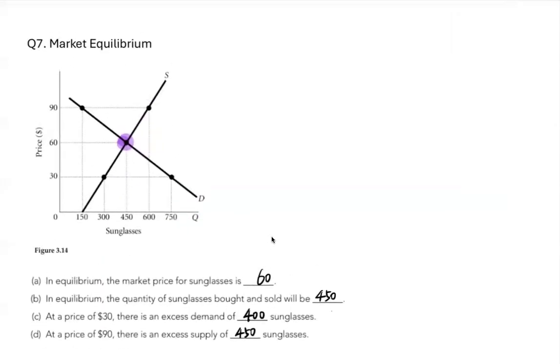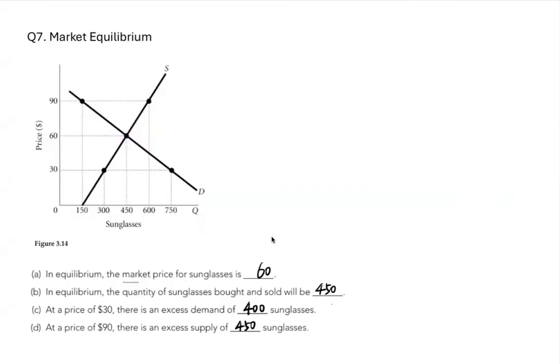And for question 7, it's the same. In equilibrium, what's the market price for glasses? The intercept is the equilibrium, right? At this point, the quantity is 450 and the price is 60. And then at the price of $30, what would be the excess demand?